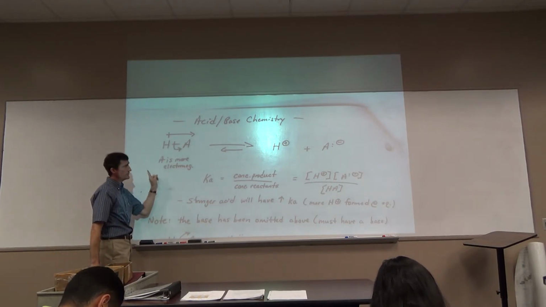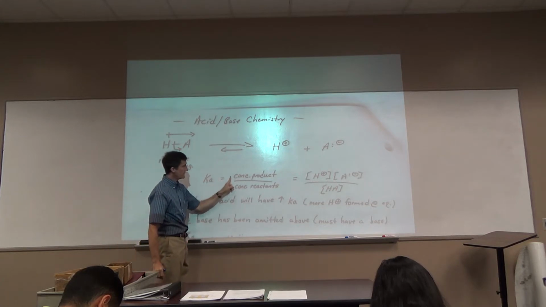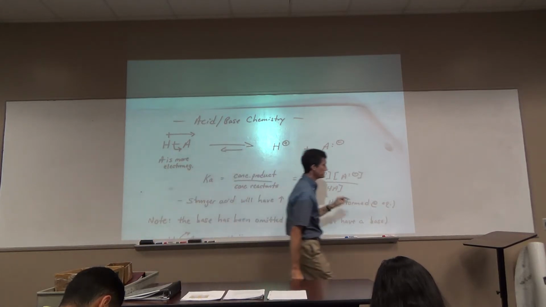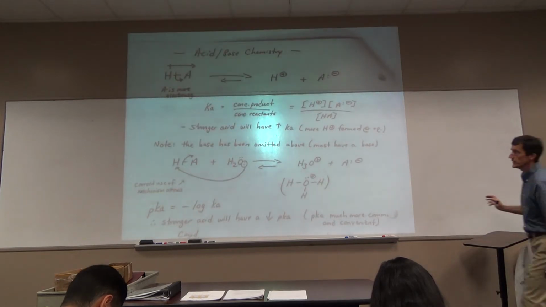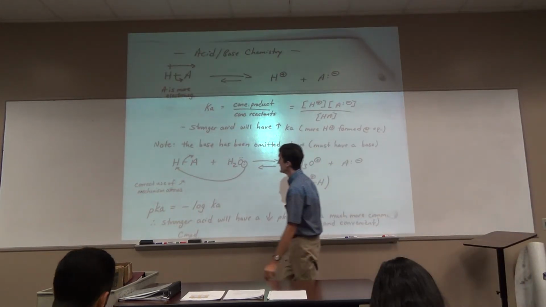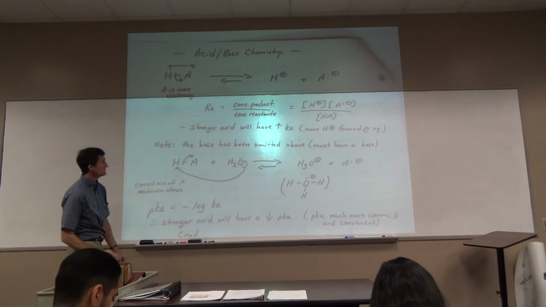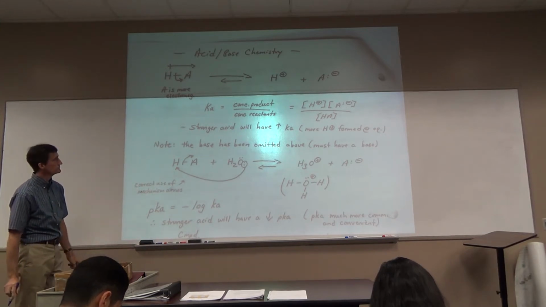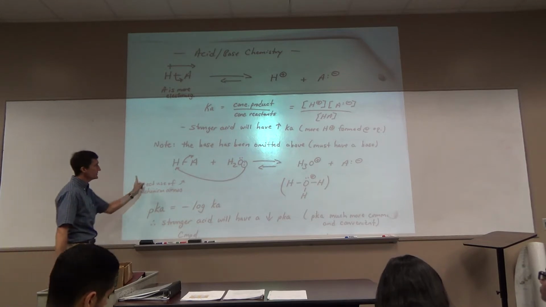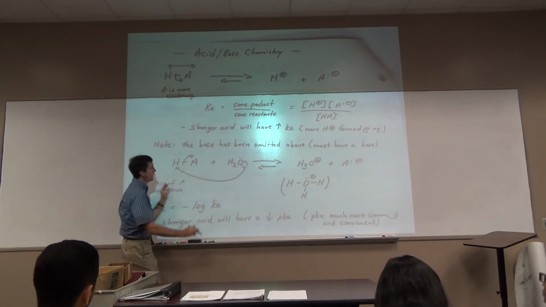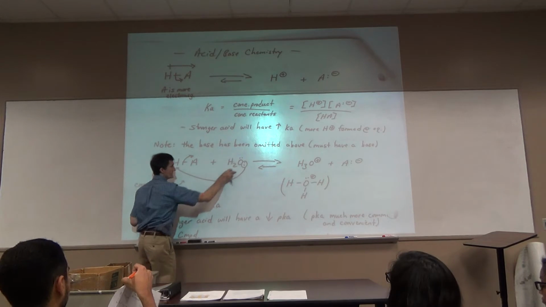Now this is an equilibrium, right? Ka described by this over this. Stronger acid will have a higher Ka, based on that equation. Here I'm just showing you water now. Water coming in as the base.